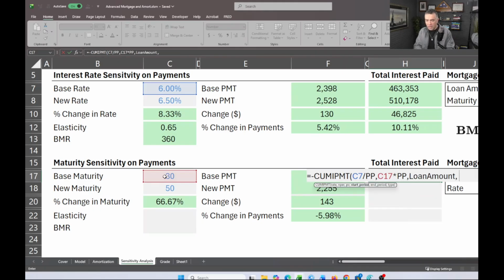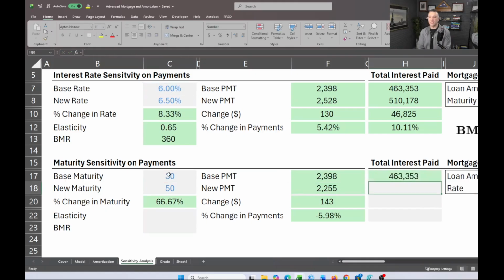Loan amount, 1, and then the ending period, which is going to be the 30 multiplied times the periodic payment. And then with this, you always got to hit comma and then hit the 0. Close it up. So a 30-year mortgage, you'll be paying over $463,000. That's more than the loan itself.